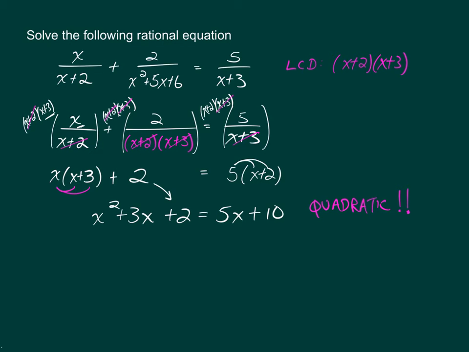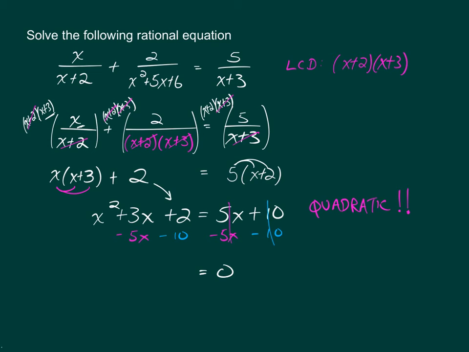So what we need to do at this point is to get a 0 on one side of the equation or the other. Usually we put this 0 on the right side of the equation, so that means I'm going to need to subtract 5x and subtract 10 from both sides to get this 0. So 10 minus 10 is 0, 5x minus 5x is 0.